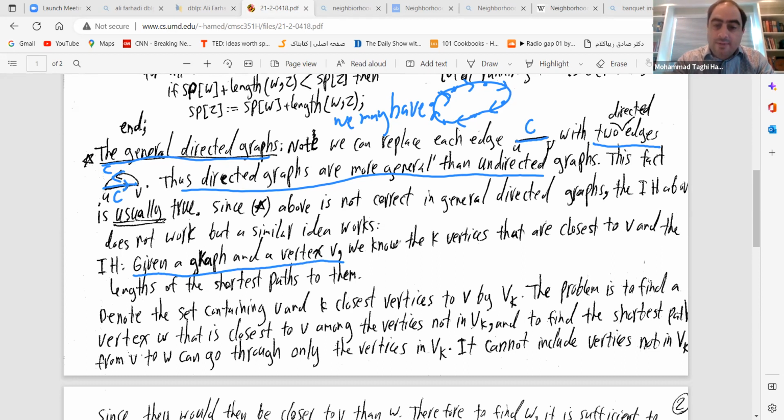We are assuming that we know the k vertices closest to v.